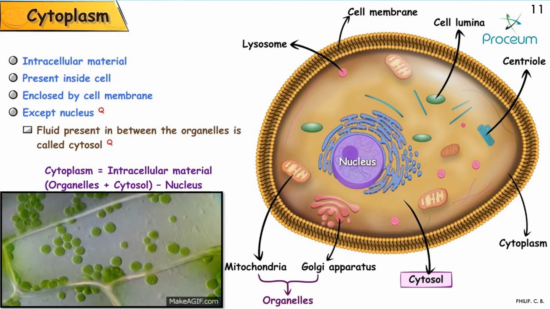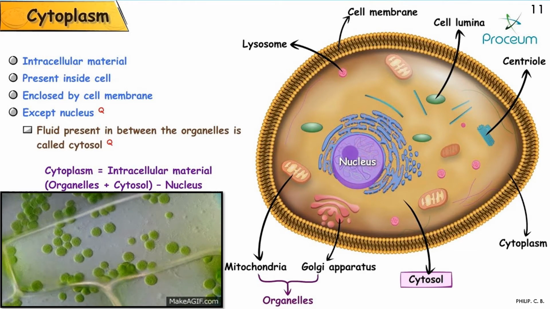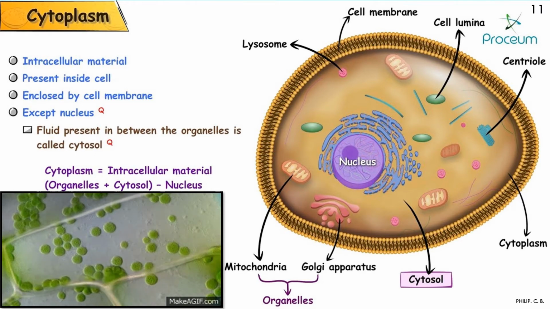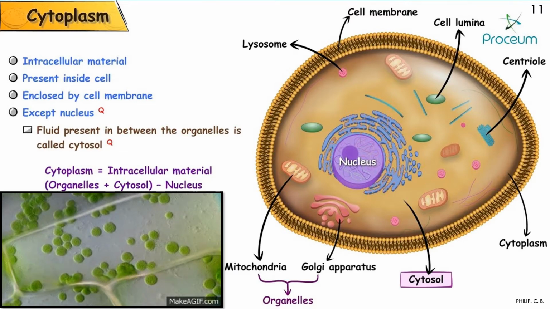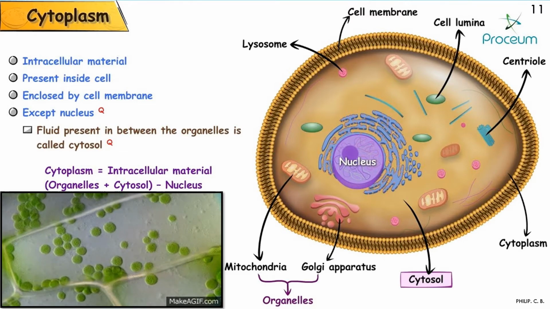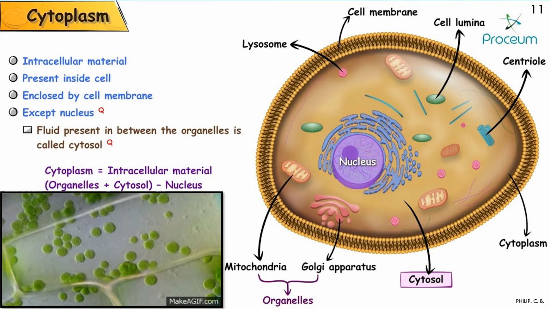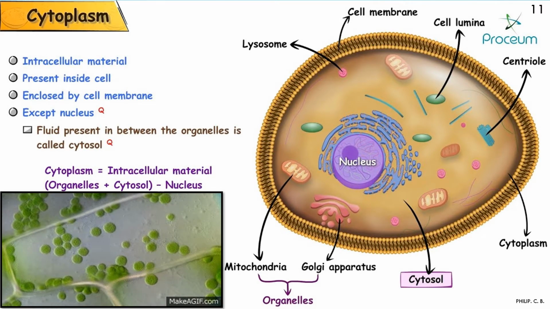Towards the left corner you can see the movement inside the cell, how it takes place: cytoplasm and intracellular materials, the organelles and cytosol, but you cannot see the nucleus over there. That's why it's mentioned minus nucleus. Only the organelles and the cytoplasmic movement are visible. So this is the intracellular material inside the cell, enclosed by the cell membrane, except the nucleus.